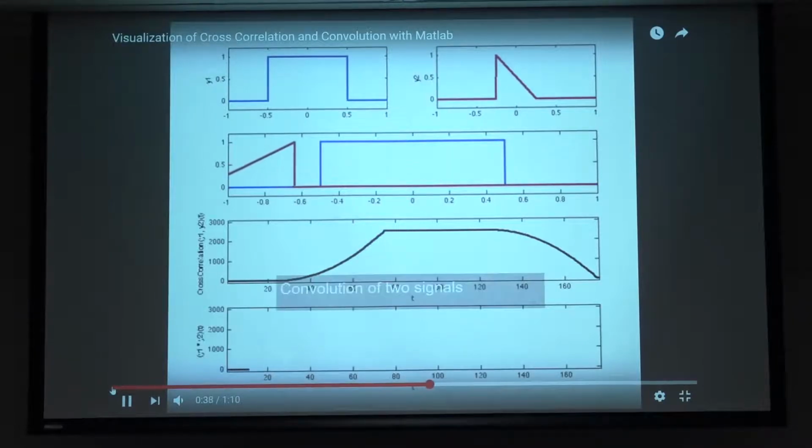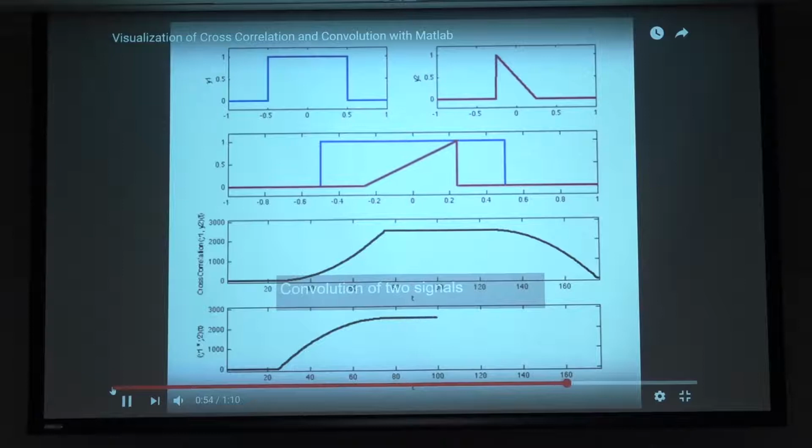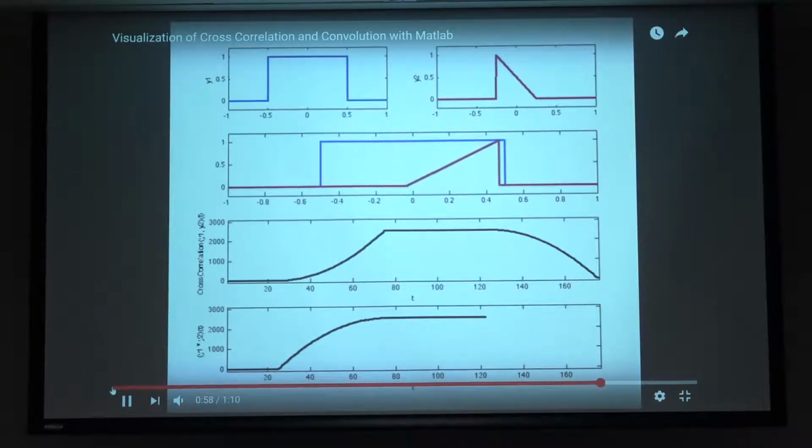And this is convolution. See, this signal has been flipped, and then you multiply them. So cross-correlation actually shows the similarity between two signals. So if this is high here, it means at this point, these two signals are similar. At this time shift, these two signals are similar to each other. And if it's small, it means at this time shift, they are very dissimilar. Okay?